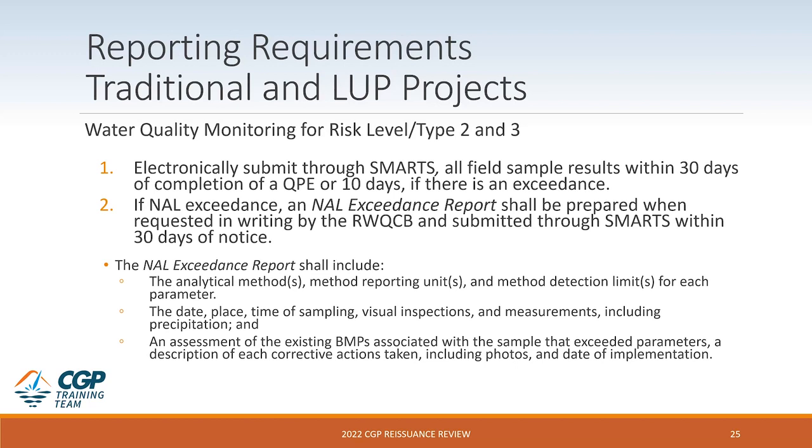If there is an NAL exceedance, an NAL exceedance report shall be prepared when requested in writing by the regional board and submitted through SMARTS within 30 days of the notice.